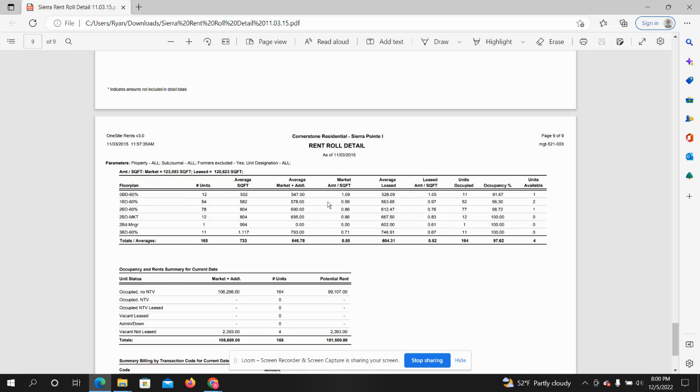Take your 56365, times that by 54, because there's 54 units with an average rent of that. Once you total up all those and add up all those, then you can divide it by your total amount of units. Okay. So that's what we're really looking for in an initial underwriting is an average leased rent.